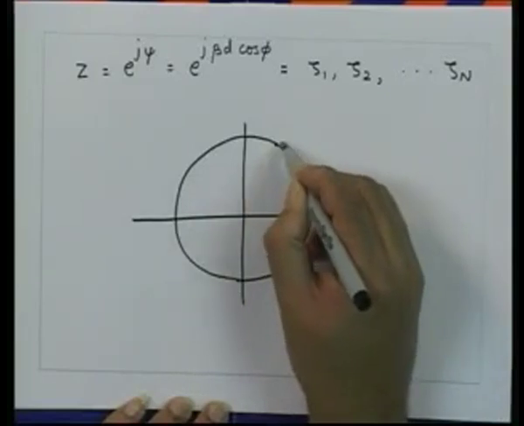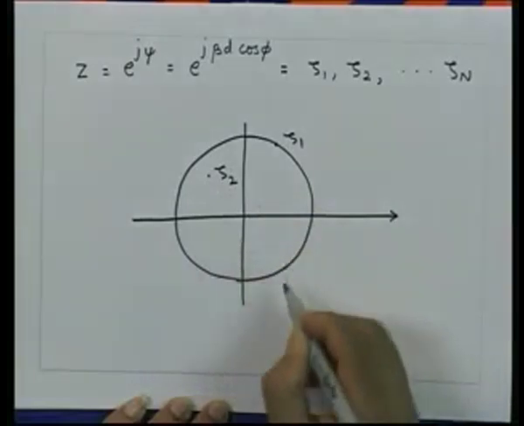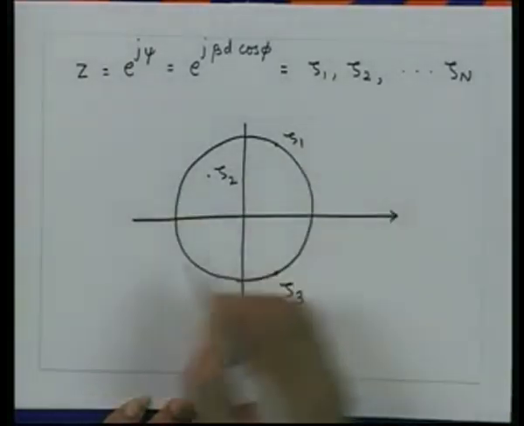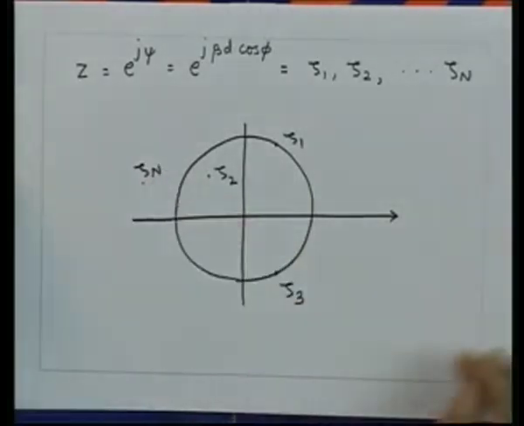It might lie somewhere here. So, this might be zeta 1, this might be zeta 2, this might be zeta 3 and so on, zeta n.